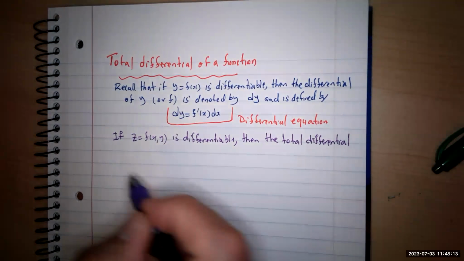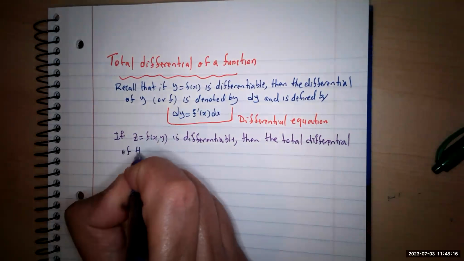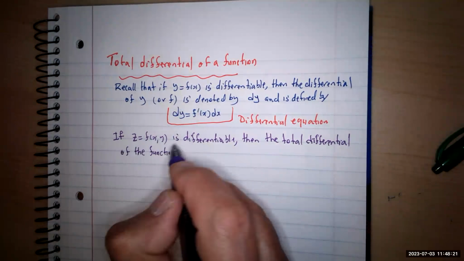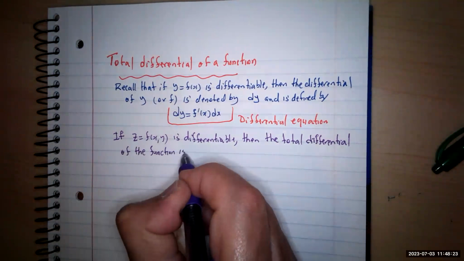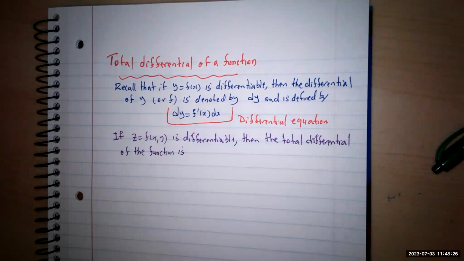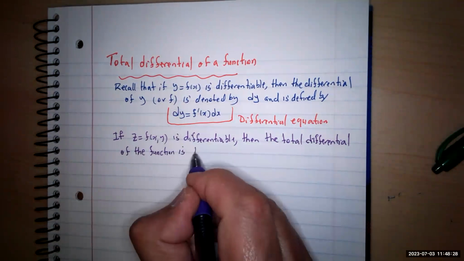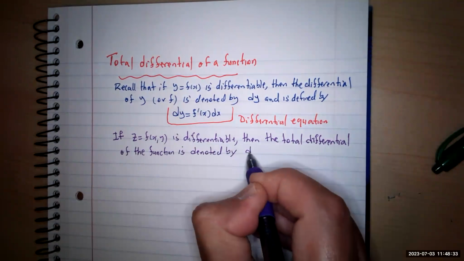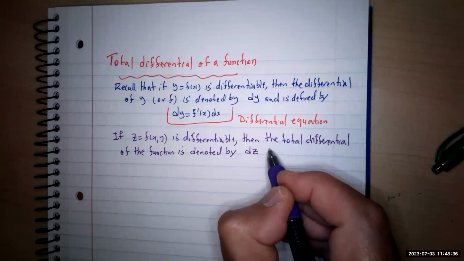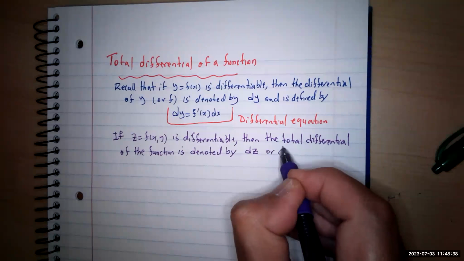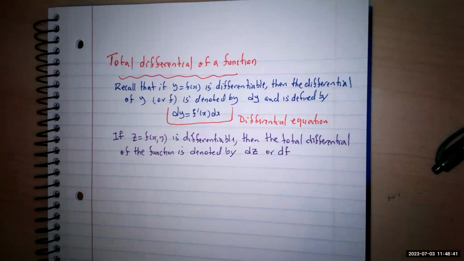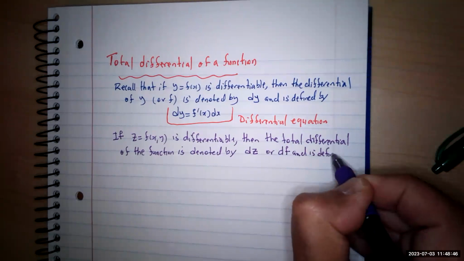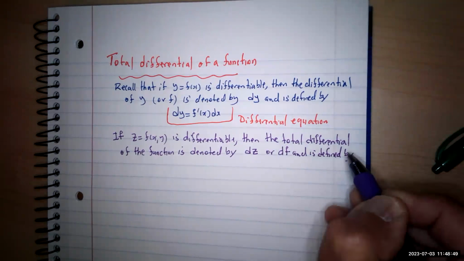The differential of the function z is again denoted by the same thing, dz, differential of z, or simply df, differential of f, and is going to be defined by the same thing.